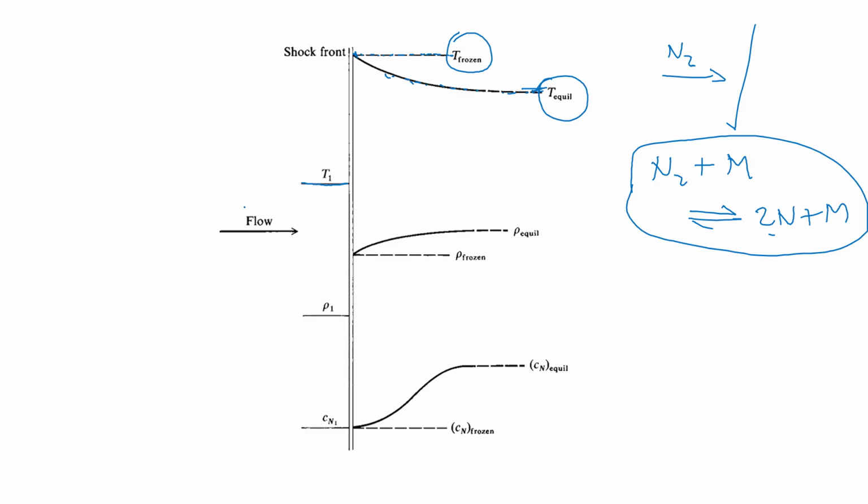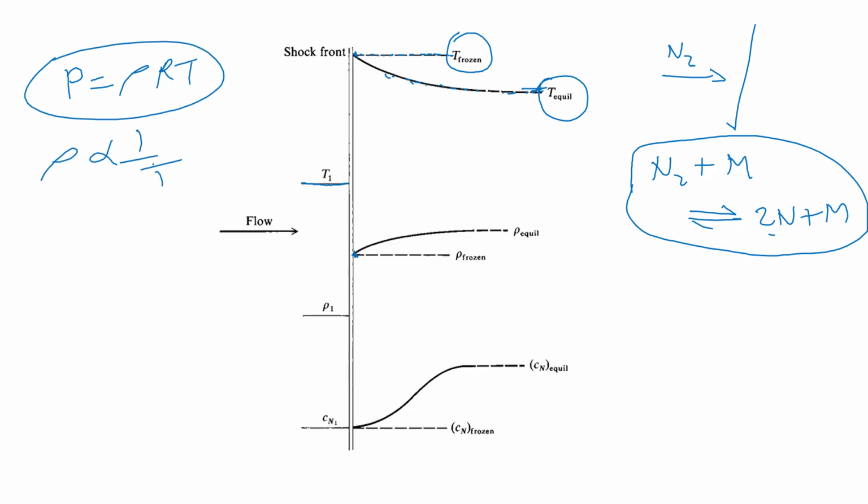Now if you see the density across a normal shock, it increases, but initially it will be the same as the frozen density. Now we know that P equals rho RT, so from this you can see density is inversely proportional to temperature.